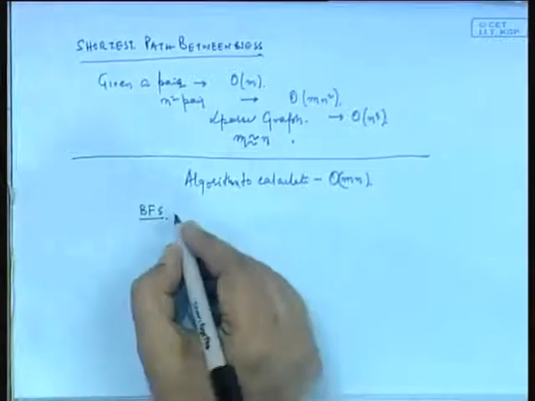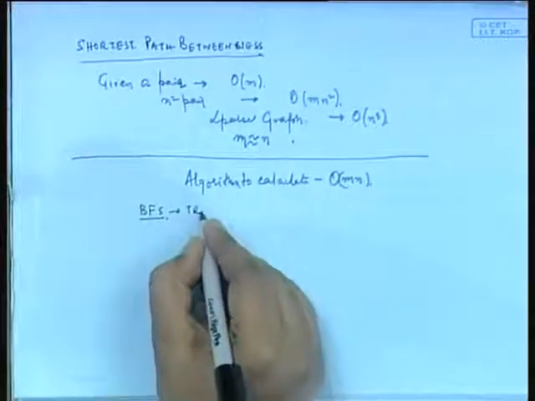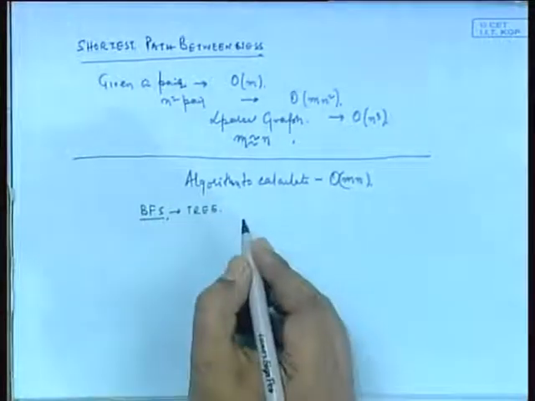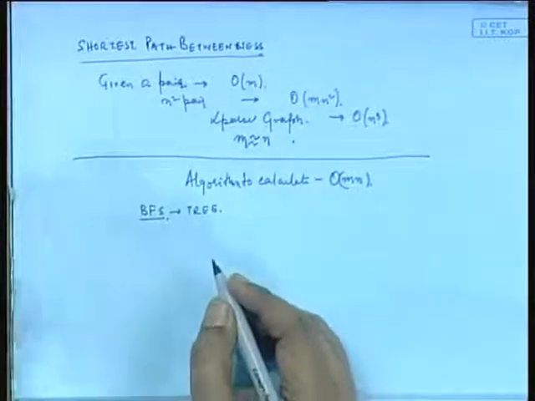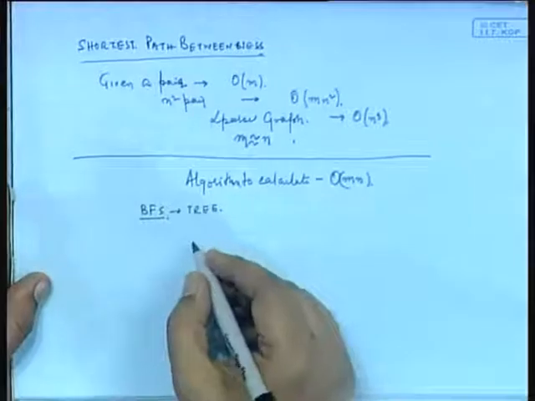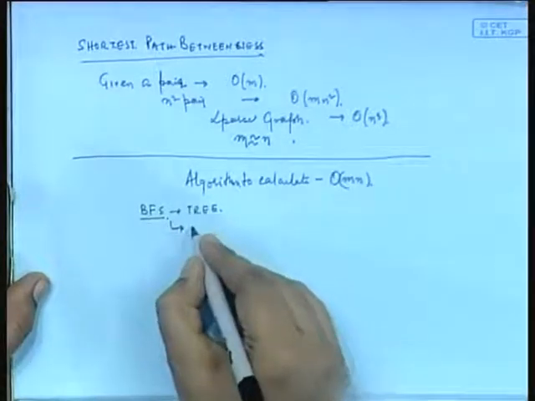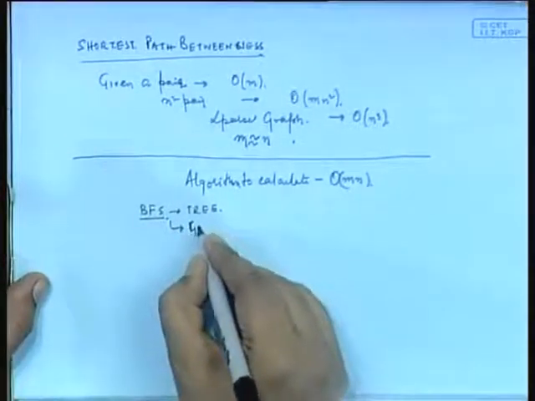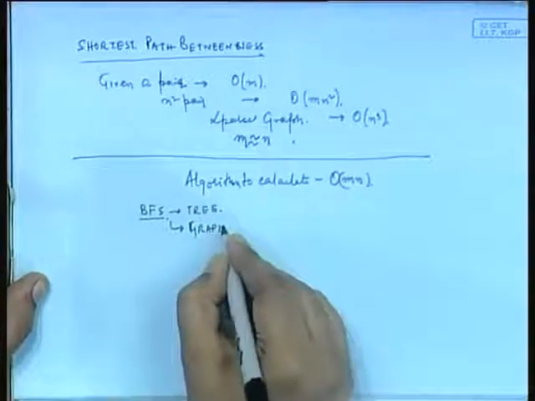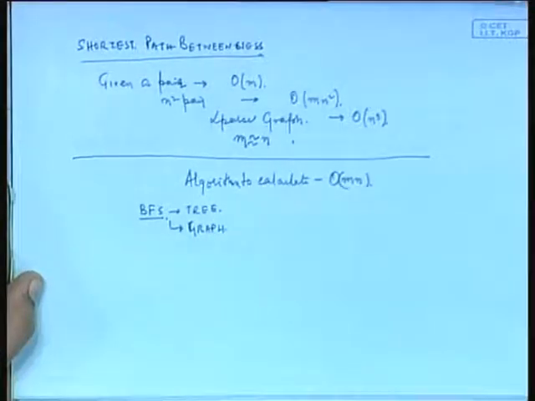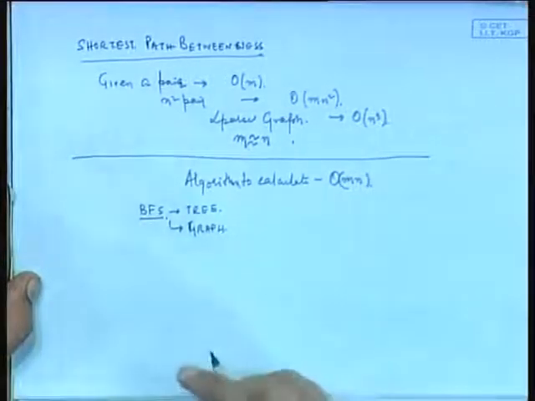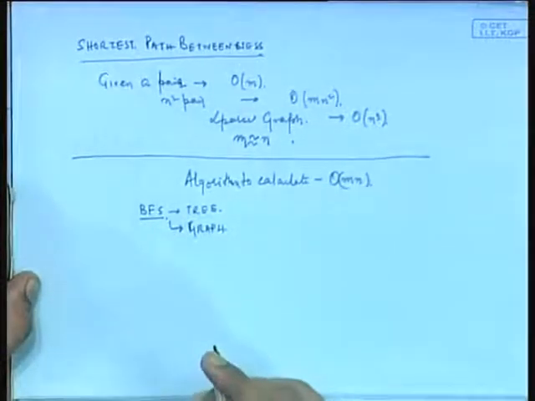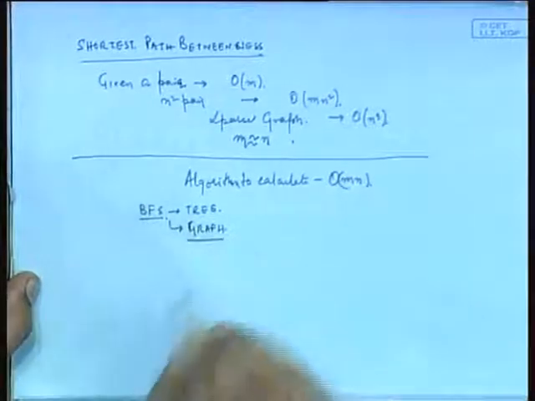The BFS can be a tree, or the BFS can be a BFS forest or BFS graph, or an acyclic graph, something like that.